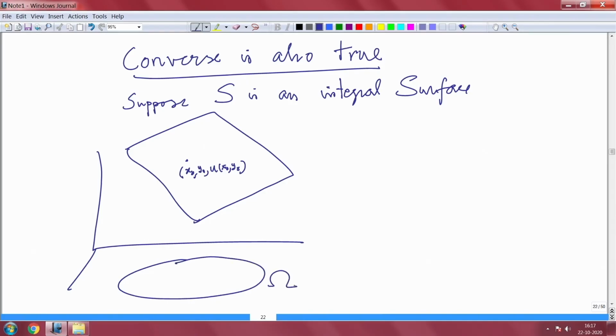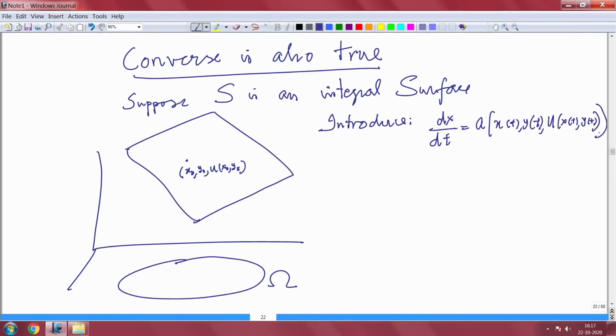Now, what I do is introduce an ODE, dx/dt is equal to a of x(t), y(t), u of x(t), y(t), because the surface is an integral surface.